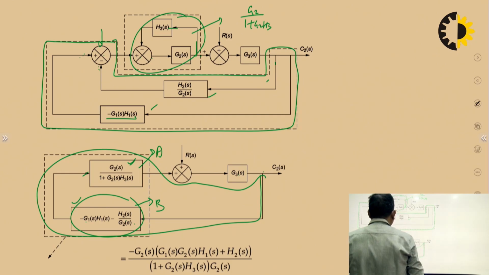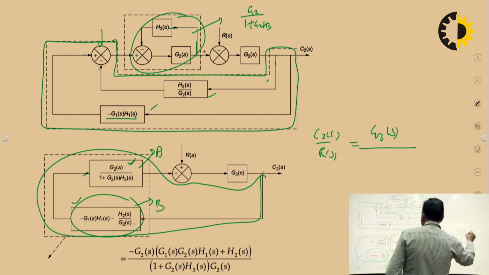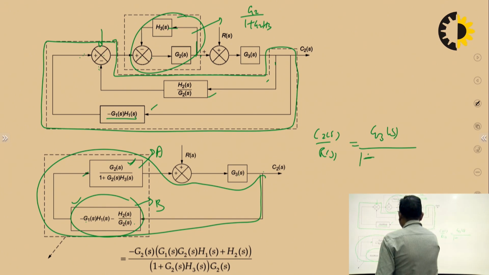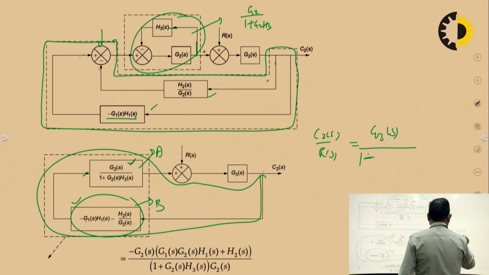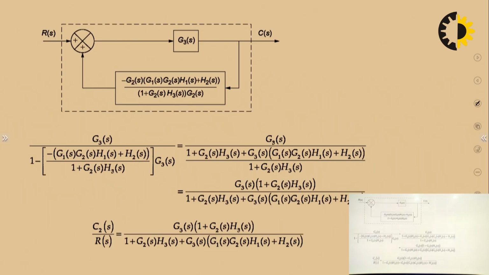So simply C2S by RS will become G3S upon 1 minus G3AB, as positive feedback is there. I am not considering the signs coming from here. So this comes out to be C2S by RS equals minus G2S times G1S, G2S, H1S plus H2S upon 1 plus G2S H3S into G2S.